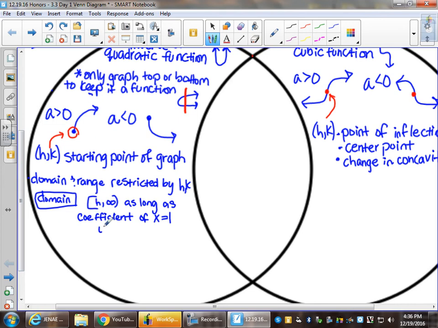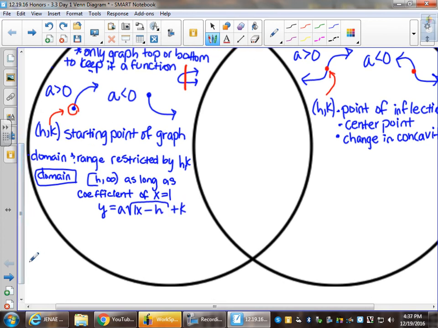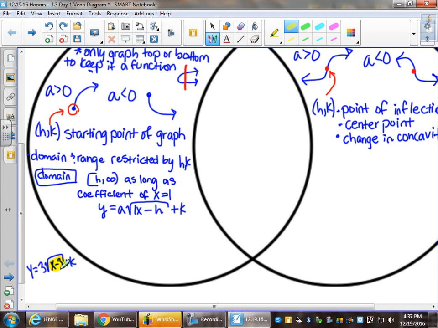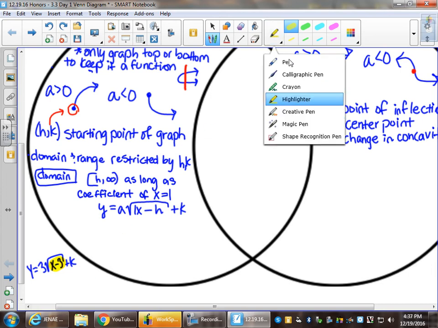But if I wrote y equals a, and then this has to be 1, 1x. 1 has to be in front of x. Minus h plus k. Like, let me put off to the side here. If I had given you way back when y equals 3 times the square root of x minus 3 plus k, and I asked you for the domain, you would have focused on what was underneath the even root, which is x minus 3.